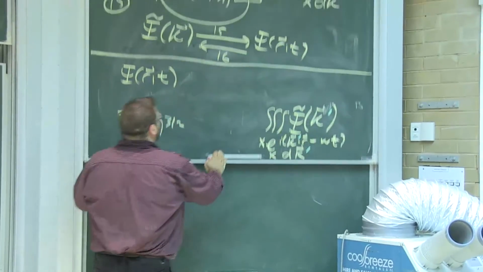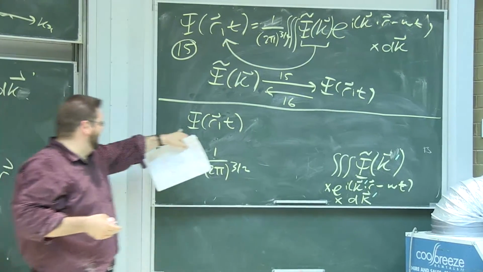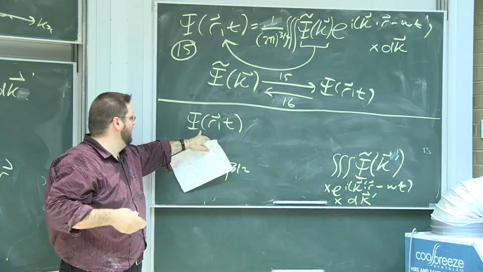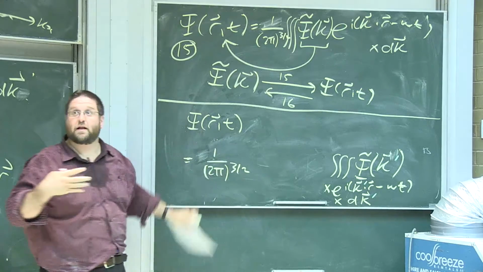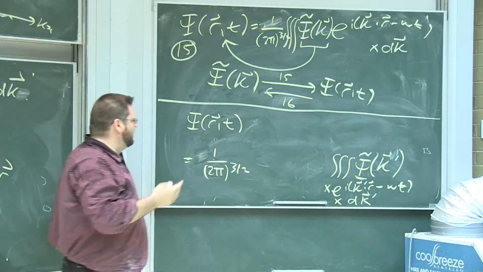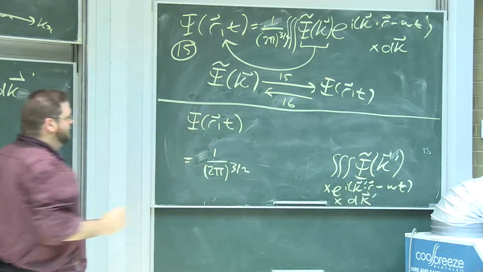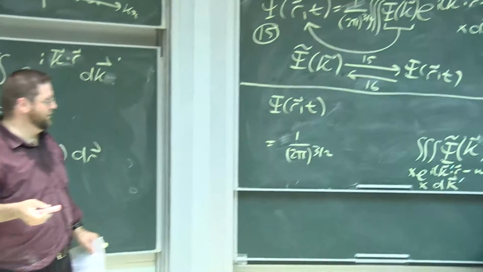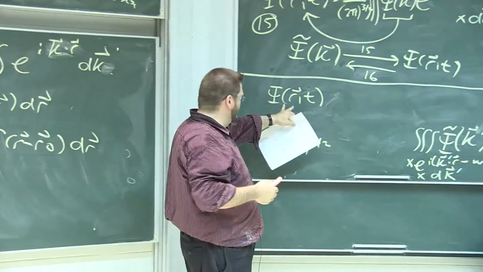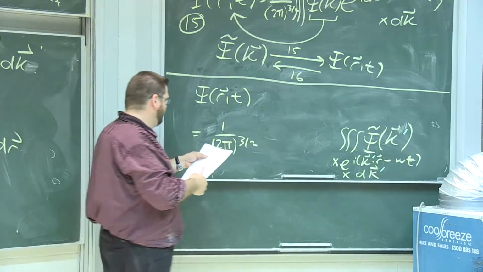I look at the right-hand side of equation 16, and that's a nasty integral which has this at its heart, right? So let's just take this equation and make the left-hand side of this look like the right-hand side of 16.